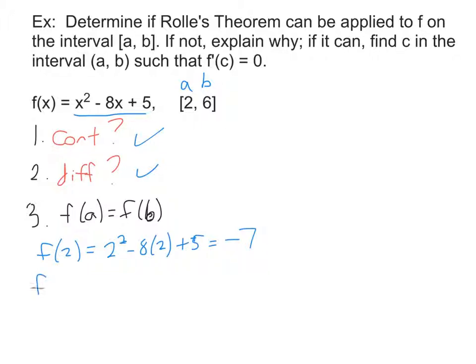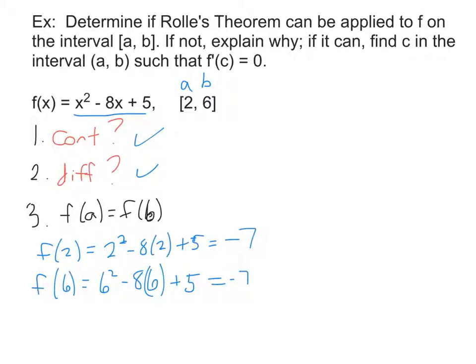Okay, let's also evaluate f of 6. So this is going to be 6 squared minus 8 times 6 plus 5. What does that equal? Check those out, do the math. But yes, this does indeed also equal negative 7.